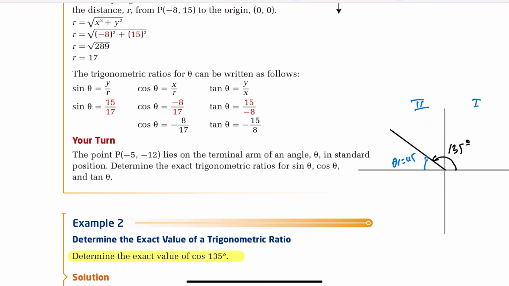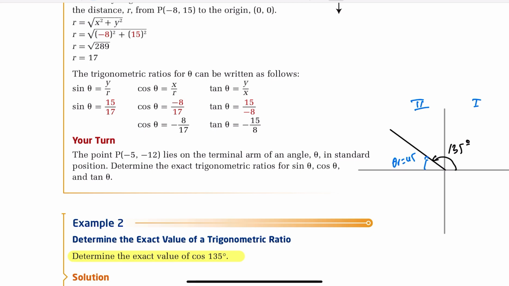So I know from the beginning that my sine is positive and my cosine is negative for my angle of 135. So let's work with our reference angle to find all that.